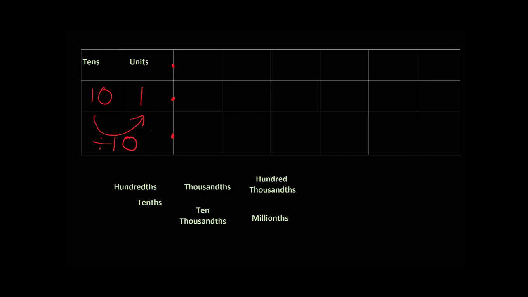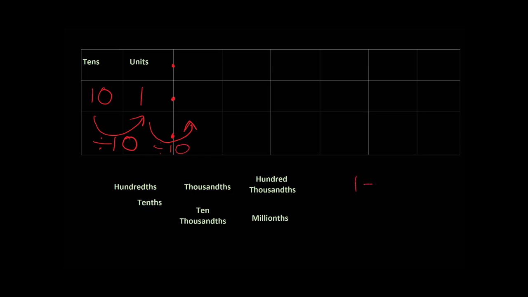So to go from the units place value to the next one, the one that's on the other side of the decimal point, and notice particularly that the decimal point doesn't have a place all of its own. It's on, if you like, the fence between the units and this place that we're going to discover just now. So to go from the units to this next place, we need to divide by 10.